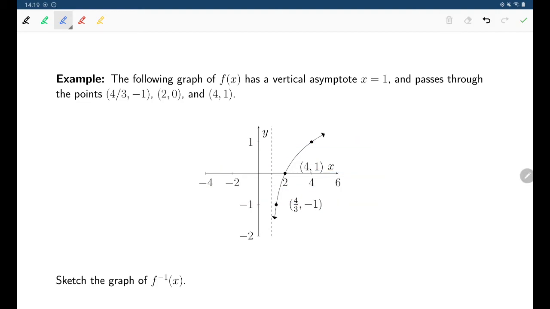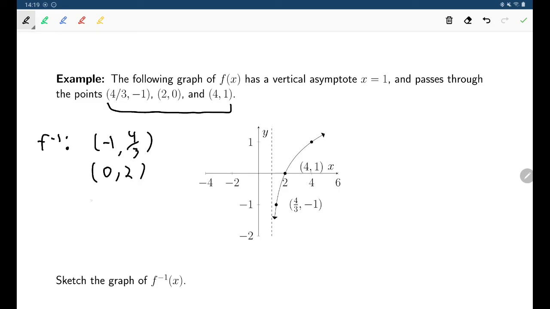And so here we go. I'll just mention a few facts. One would be, if we know that these are the points on f, then f inverse will contain the points (-1, 4/3), (0, 2), and (1, 4). The same points, just with the coordinates switched.